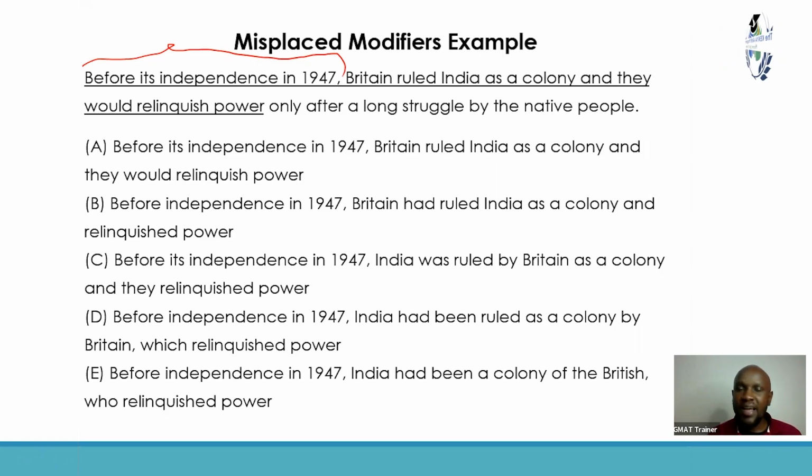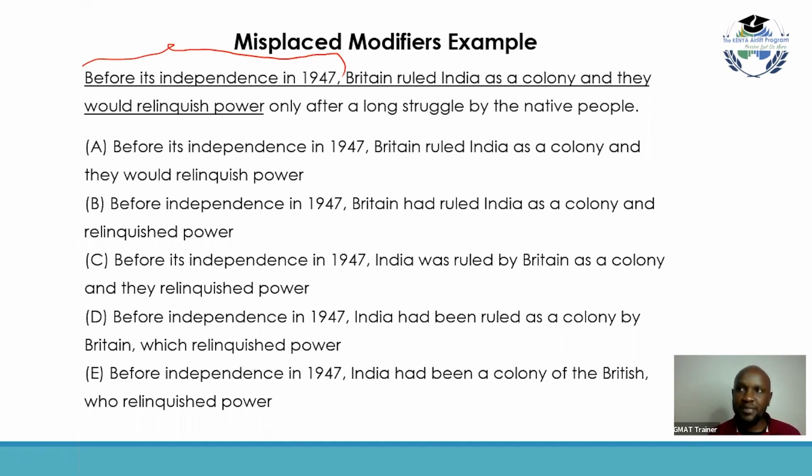By logical extrapolation, you have to identify the colonizer and the colony. Britain is the colonizer, India was a colony, right? So what you want here is that India should follow the comma that follows the modifier.